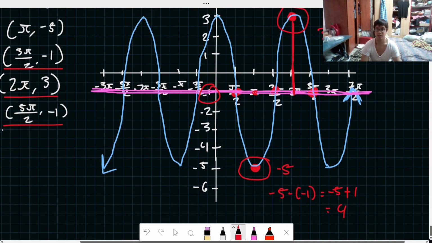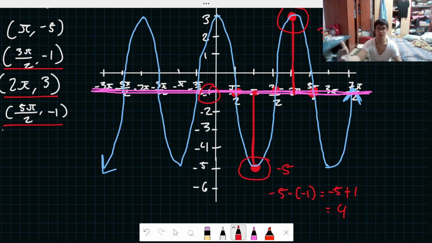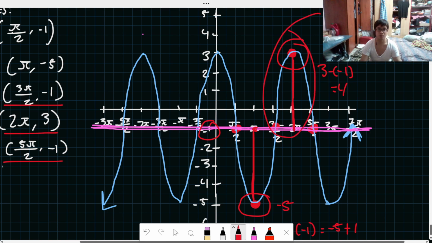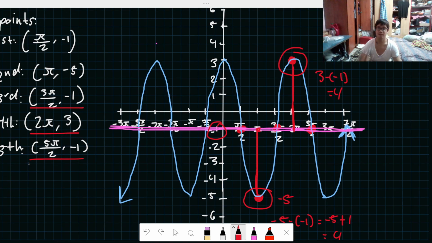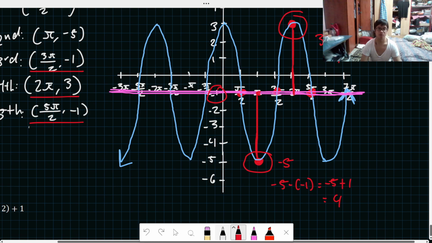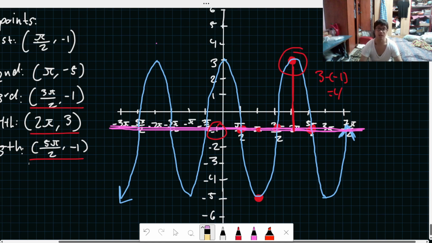Still, it shows the distance between the midline and the minimum point is the same as the distance between the midline and the maximum point. So the amplitude here is in fact 4 units. In other words, your graph stretches vertically by 4 units.